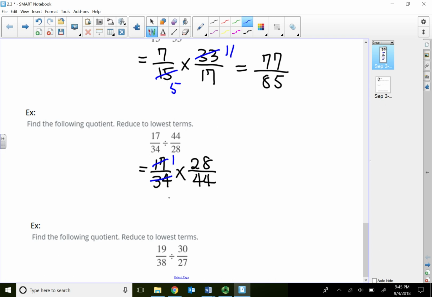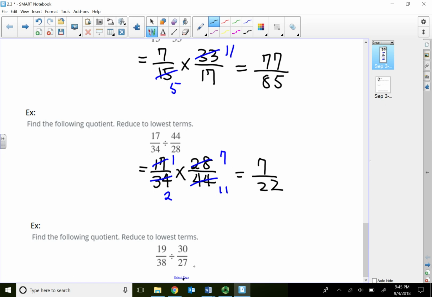That's 1 and 2. 28 and 44 can also be reduced by 4. That will be 7, right? 4 times 7 is 28. 44 divided by 4 is 11. So that's it. 7 and 11 cannot be reduced, top and bottom, so that will be 7 over 22.